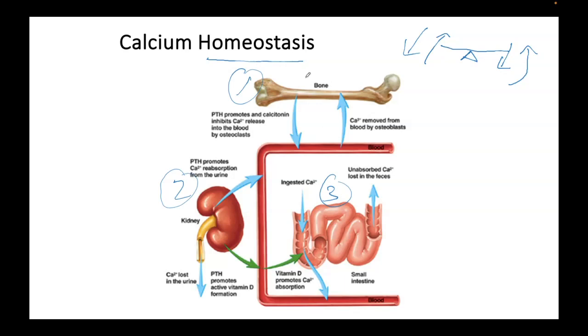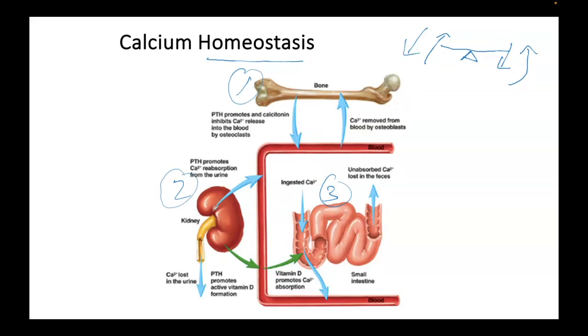Those three parts of the body are the bone, your digestive tract, and your kidneys. With your bone, you can either put calcium in or take calcium out. You can take calcium from your digestive tract and bring it into blood, or go from blood back into your digestive tract.